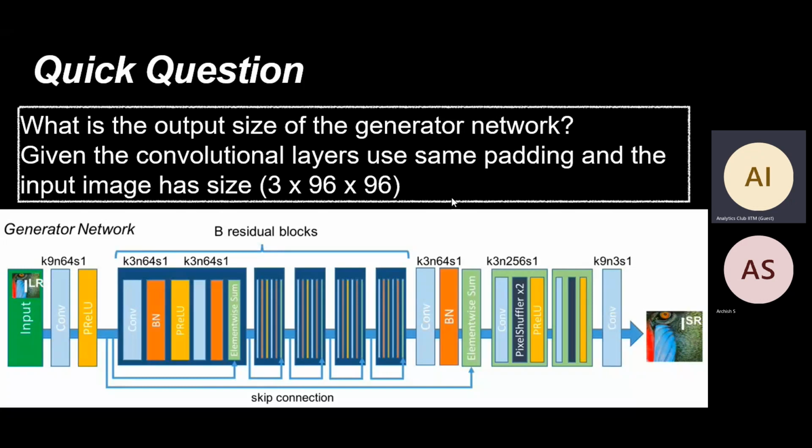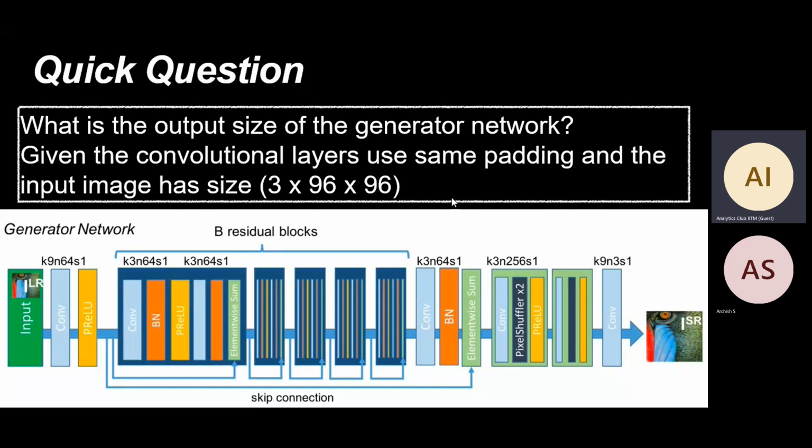Anyone, any thoughts? Okay, I guess I'll answer it. All the convolutional layers use same padding, so like I said, your input image and the output image would not differ in dimensions.